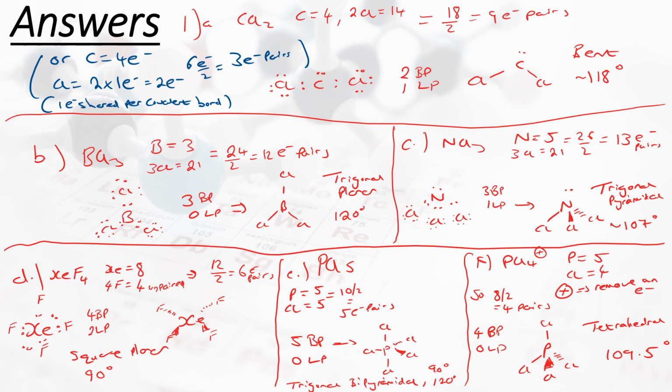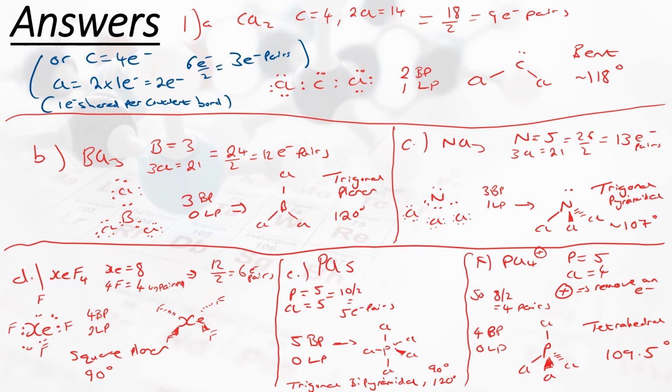We have a positive charge, so we take 1 away. That gives us 8 electrons, divided by 2. That's 4 pairs of electrons, so the pseudostructure is tetrahedral. We then look for bonding pairs and lone pairs. We have PCl4, 4 bonding pairs therefore, and 0 lone pairs. And so we do end up with a tetrahedral structure with angles of 109.5.